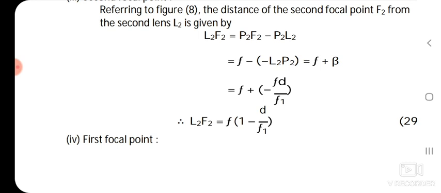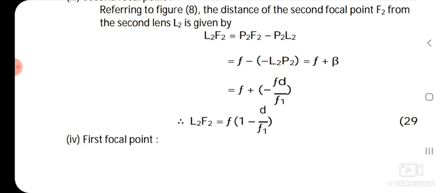If you substitute the value of P2 F2 is equal to F, minus L2 P2 is equal to F plus beta. So finally we get L2 P2 is equal to F into 1 minus D by F1.